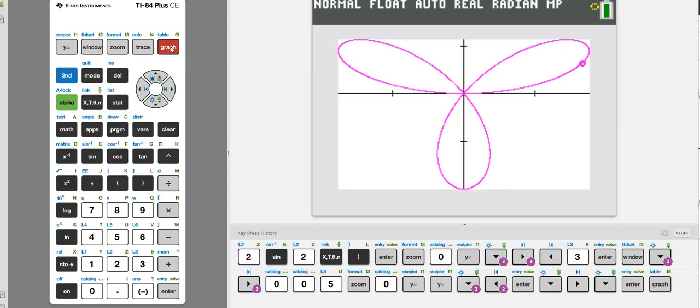Because you're varying theta from 0 to 2 pi, it just happens that it's going to trace out the same pattern one more time. Whereas when theta has an even coefficient, you don't get that double tracing of this. I could have got this same graph if my window settings went from 0 to pi as opposed to 0 to 2 pi. But if I did that with an even value in there, then it would only give me half of the leaves that I expected.